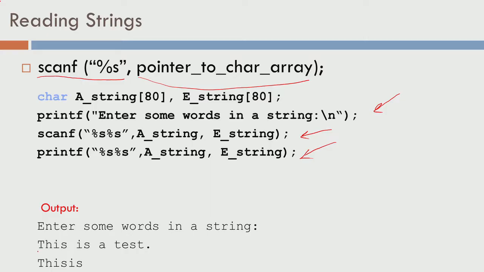And let us say when this program ran, I typed this line, this is a test, this space is space a space test followed by a dot. So, what happens is that the scanf %s starts from a particular location and keeps reading letters till it finds a white space.